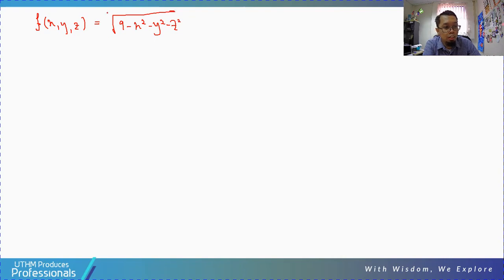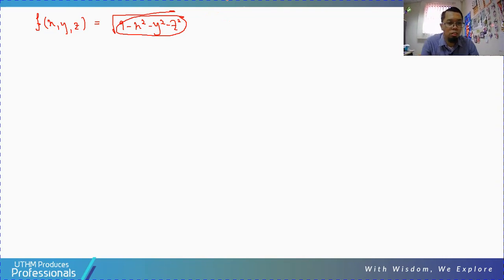So the value inside the root must be equal to or larger than 0. So 9 − x² − y² − z² ≥ 0. Simplify: x² + y² + z² ≤ 9.